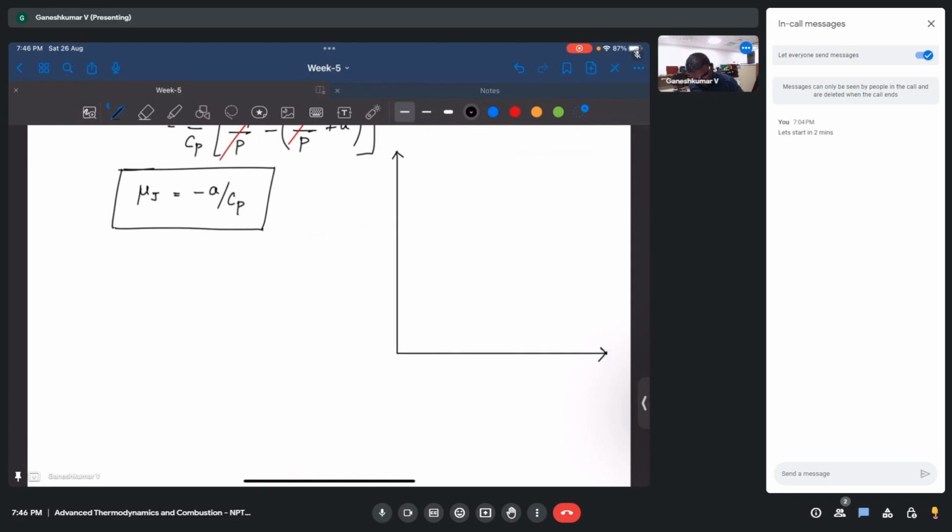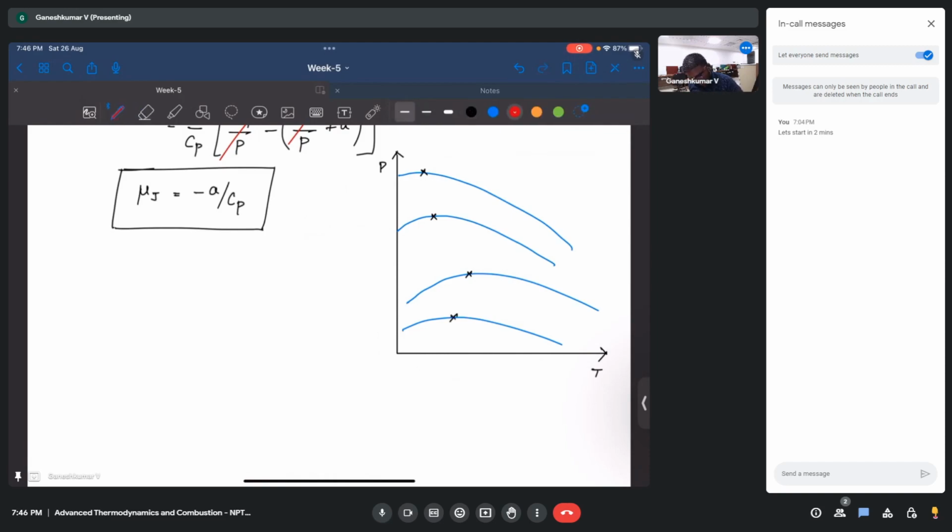PT graph. So P and T, and we know that there are going to be isenthalpic lines. So it will have something like this, something like this, right? Again something like this. And then there will be these inversion points where the slope will change.